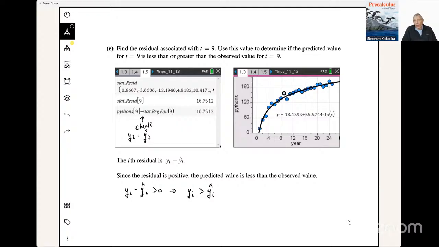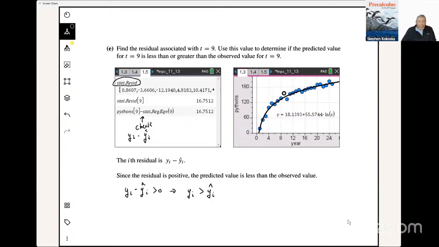Loads of different ways to do this. I've kind of done it mathematically on the left-hand screen, and I'm doing it visually on the right-hand screen. Let me see if I can decipher all of this. The TI-Nspire stores all the residuals in that list, I think it's stat.resid.